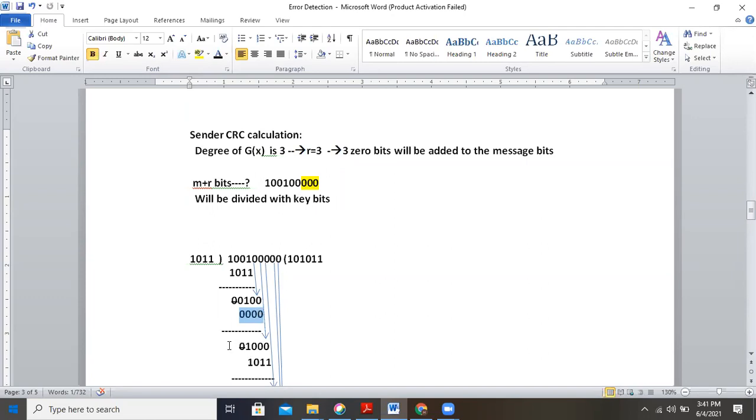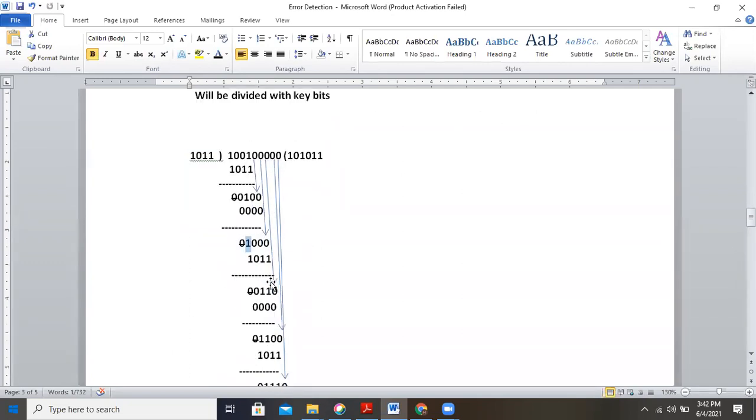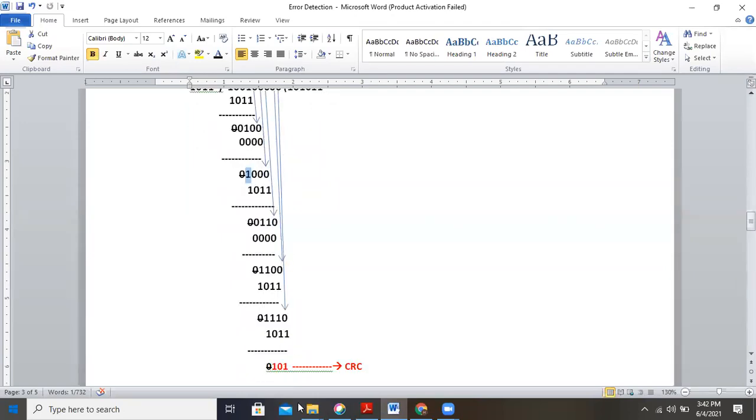Okay. So the leading 0 I need to remove, and I take the next bit down. So like this I'll proceed. If the leading bit is 1, to make it 0, I need to multiply with 1. If the leading bit is 0, then I need to multiply with 0. So until all the bits are completed, I'm going to perform the division.